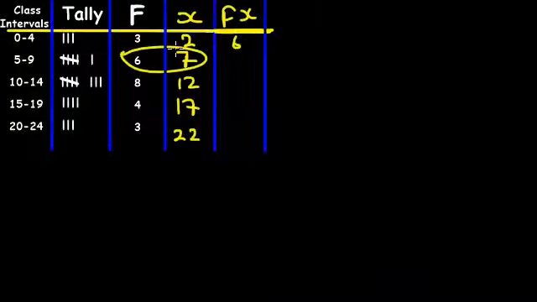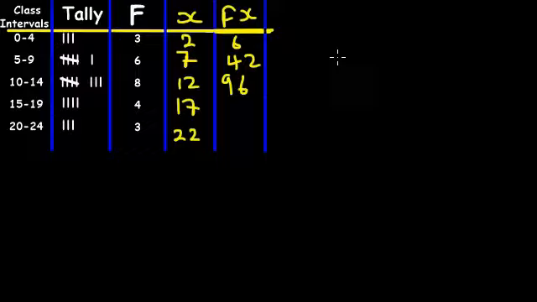Now what about 6 times 7? 6 times 7 gives us 42. And 8 times 12 will give us 96. Let me confirm that. Yeah, 96. Then 4 times 17 is 68. And 3 times 22, we got 66.